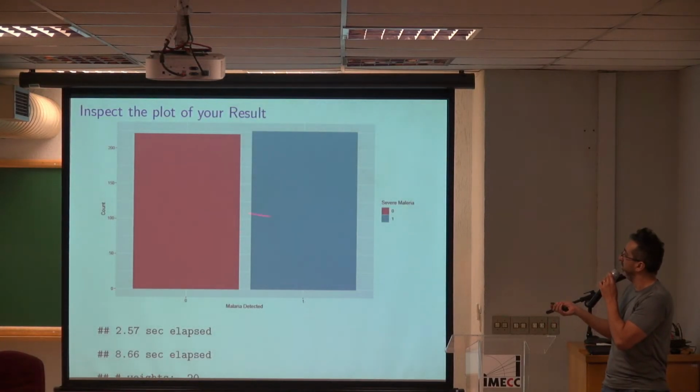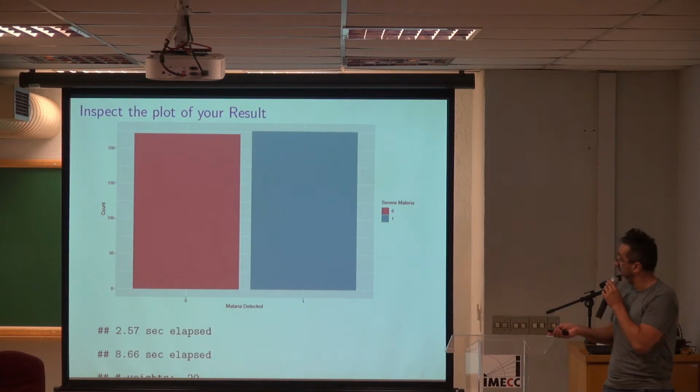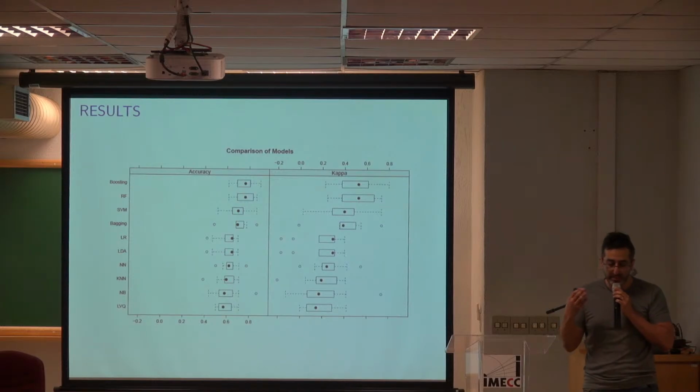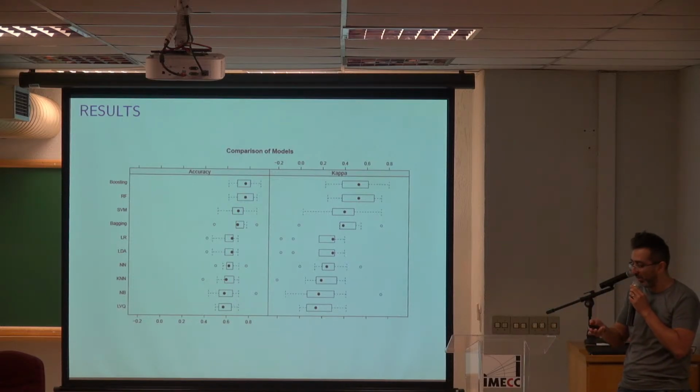This is the bar plot showing the severe at the right and the not severe at the left. After we put this, we tried to put all of the information in just one plot. We could present the confusion matrix to you, but we didn't consider that important at this moment.